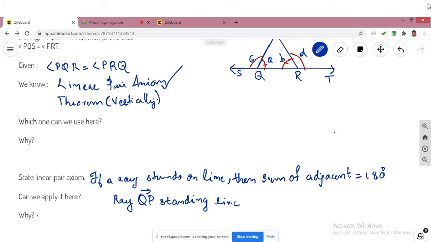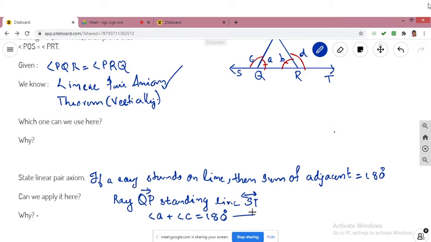ST. Okay, ray QP is standing on the line ST, and now by axiom 1, the linear pair axiom, the sum of which angles is equal to 180 degrees? Angle C and angle A, ma'am. Yeah, angle A plus angle C is equal to 180 degrees.